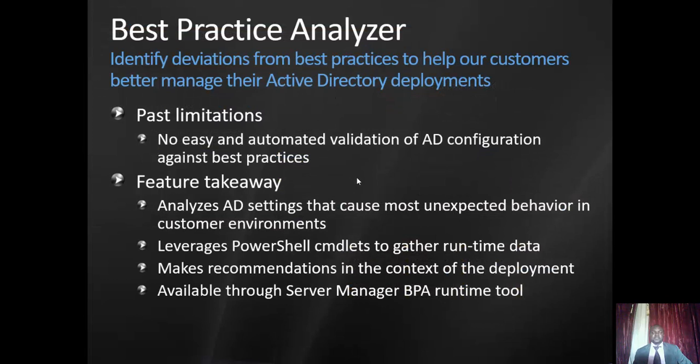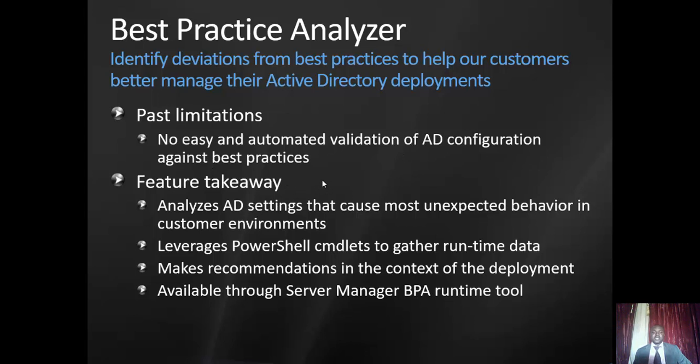And let's have a view of the Best Practice Analyzer. Here we focus on identifying deviations from best practice to help our customers better manage their Active Directory deployment. The past limitation of this feature was that it was not easy to automate validation of Active Directory configuration against best practice.